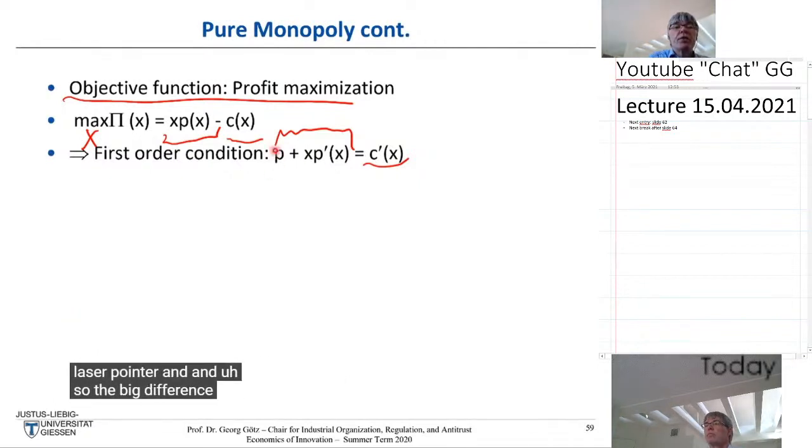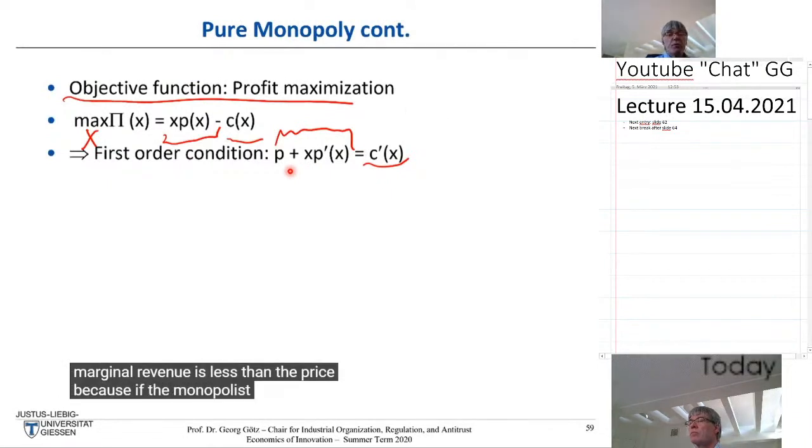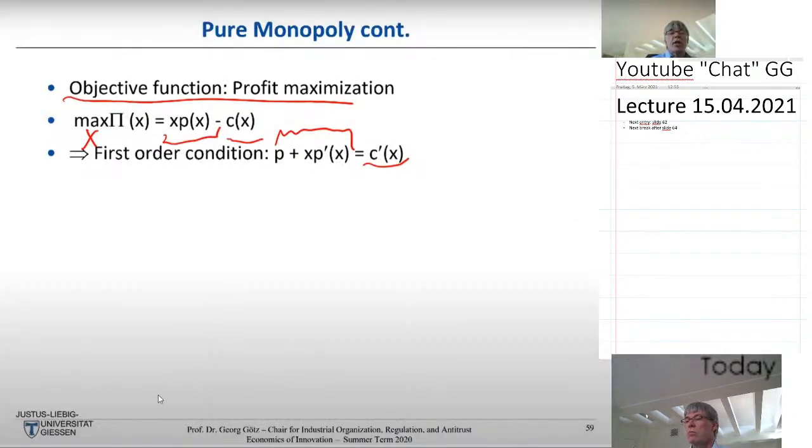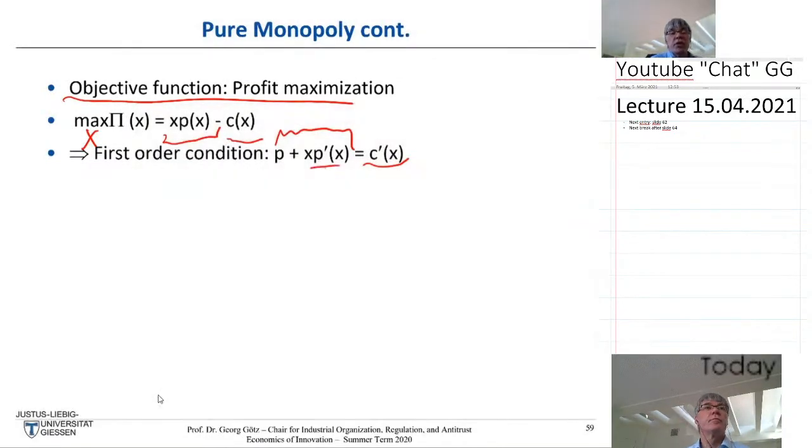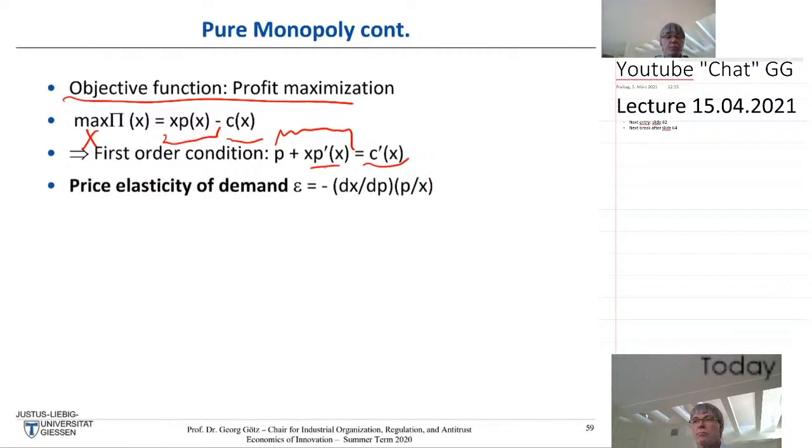So the big difference to perfect competition is here that you have this additional part x p prime of x, namely marginal revenue is less than the price, because if the monopolist wants to sell more units, it has to reduce the price. And as p prime, the derivative for the slope of the demand curve, is negative, if you want to sell one more unit, you get the price for this unit, but you have to reduce the price of all inframarginal units which you would have sold anyway.